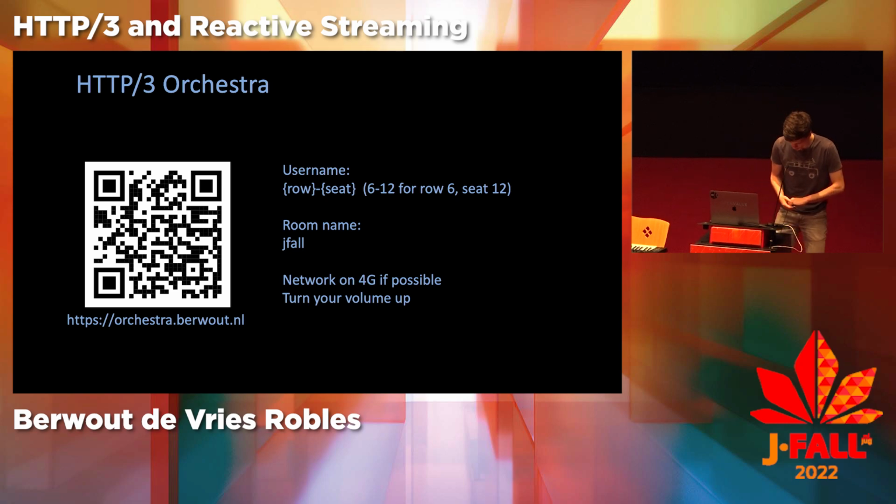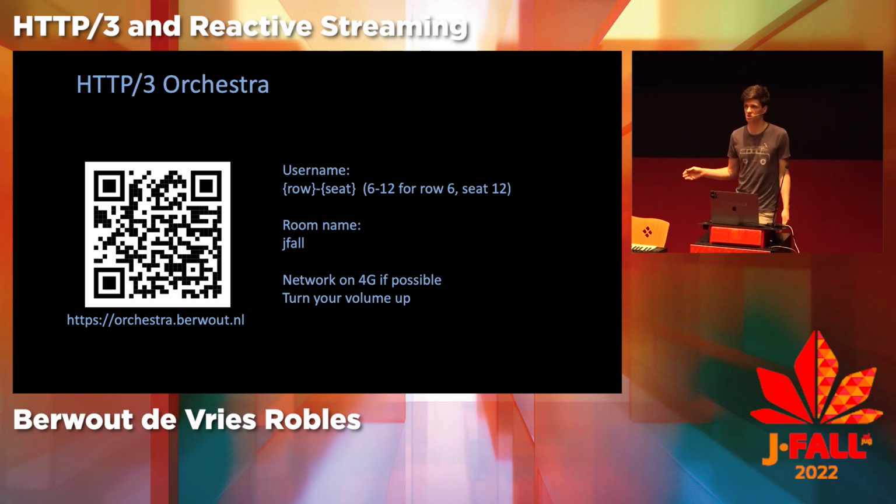Meanwhile, I'm going to hook up the keyboard. If possible, your network should be on 4G or 5G, just to see if we can get as many people as possible. I know the internet is spotty today, but at least a third of the crowd would be nice.